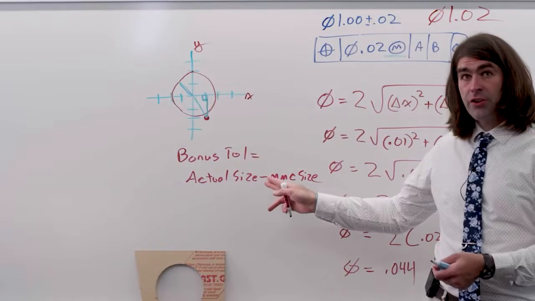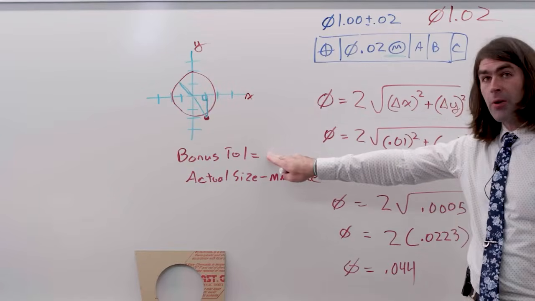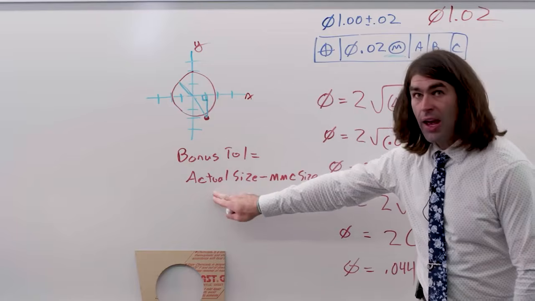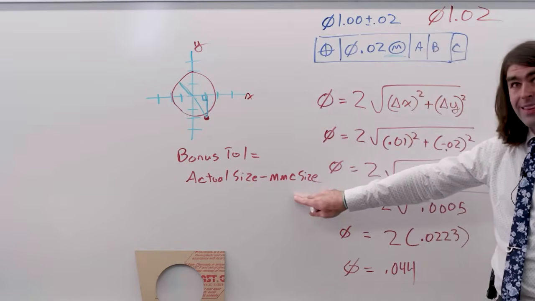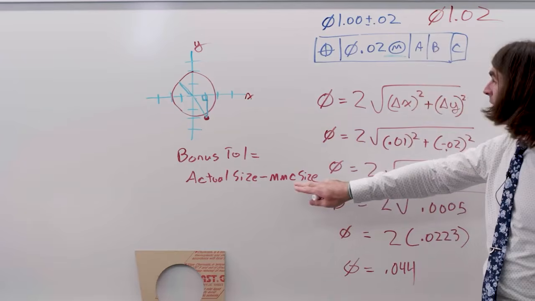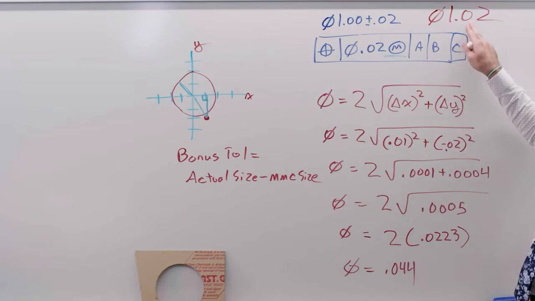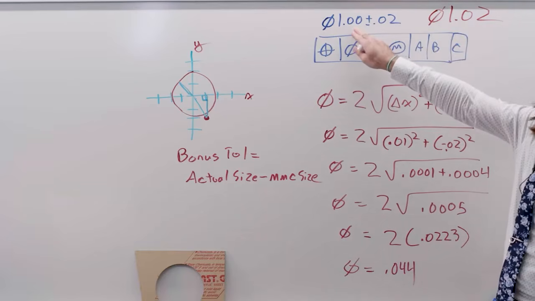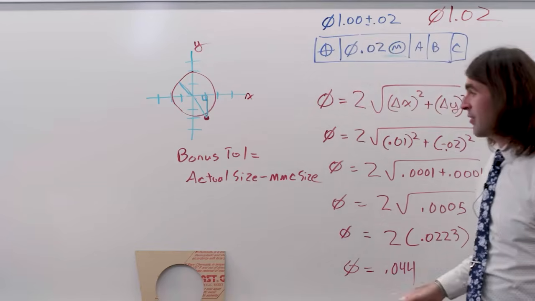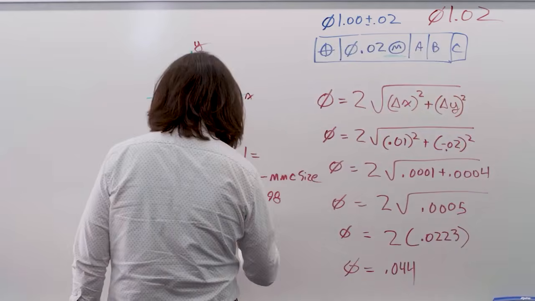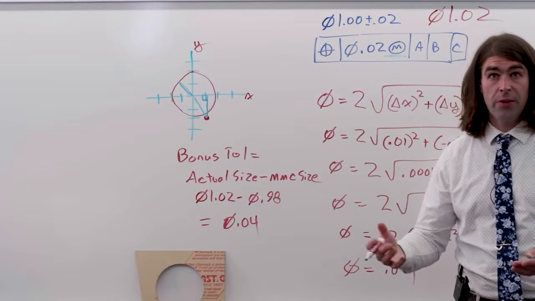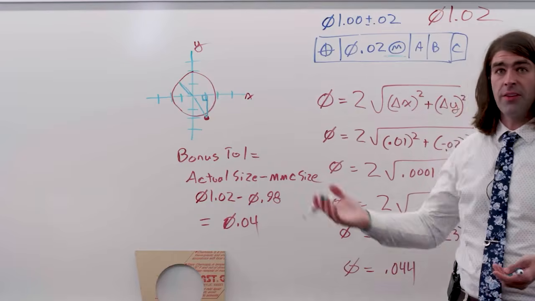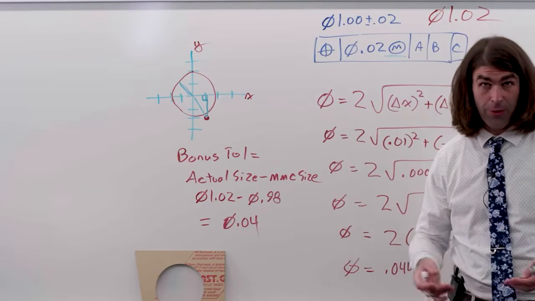In this case, for an internal feature like a hole, our bonus tolerance is the actual size of the hole, so the size of the gauge pin we use to check it, minus the MMC size. So in this case, we're going to say it's 1.02 minus 0.98, the actual size of the hole. So that means we have 40 thousandths of potential bonus tolerance. Well, it's not potential because we know the size of the hole, so it's our actual bonus tolerance.